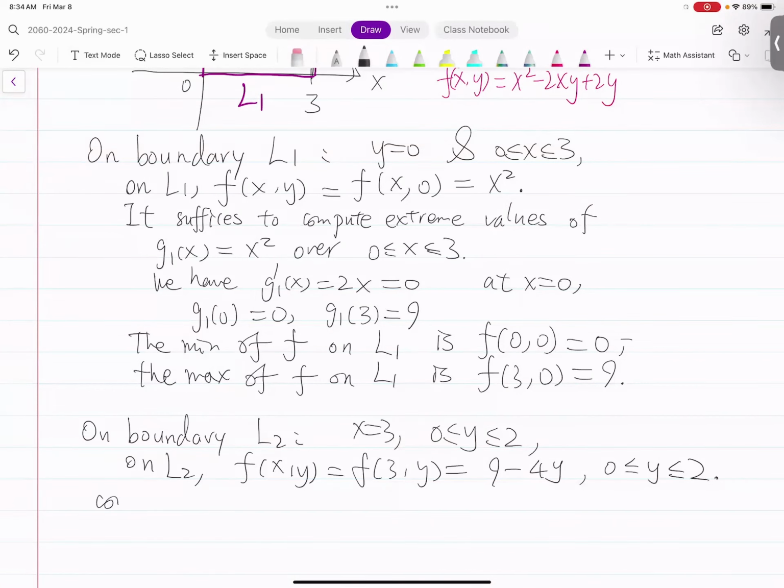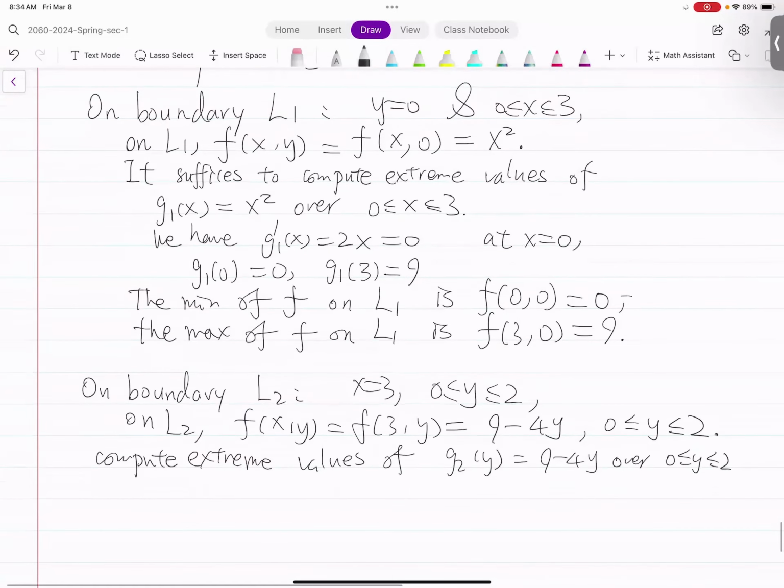Compute extreme values of, we call it G2 in terms of y, which is the linear function over the interval from 0 to 2.